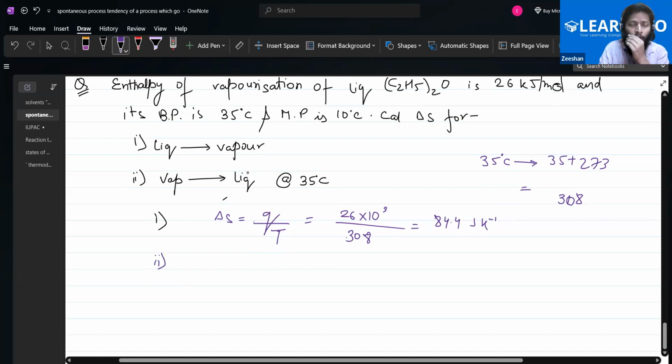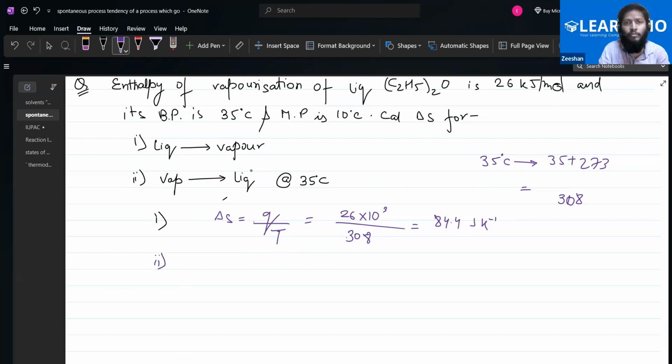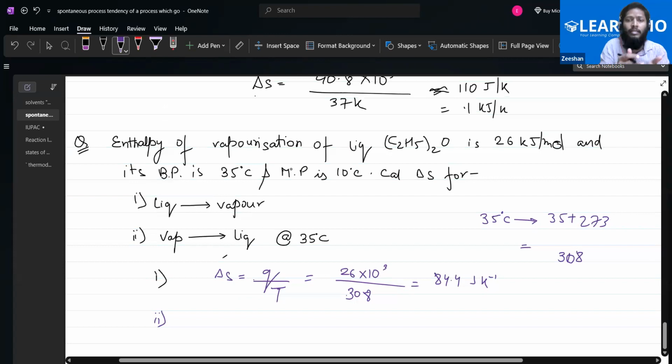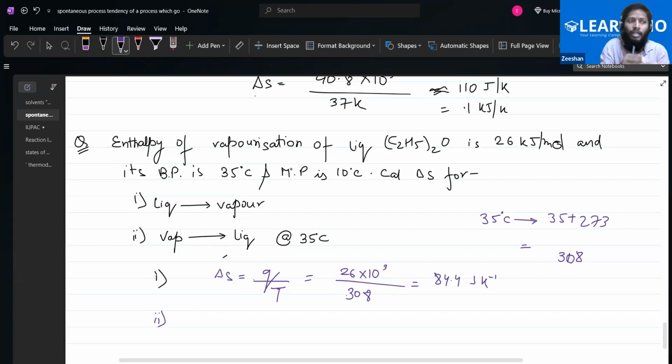First, it should be positive, right? See, enthalpy of vaporization means we are giving heat so that this liquid can evaporate.